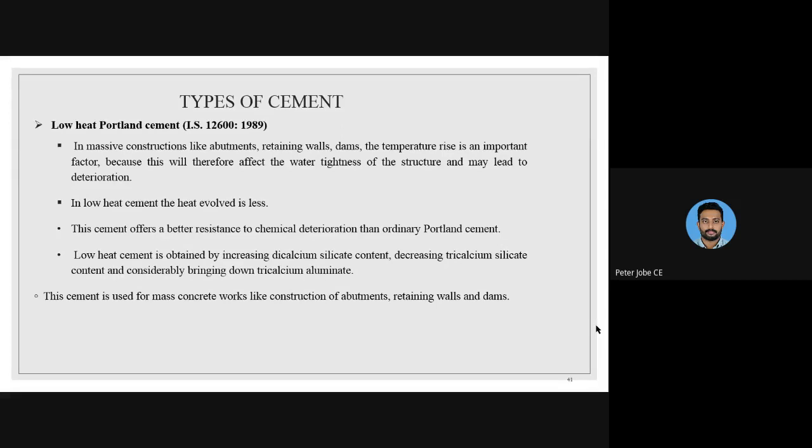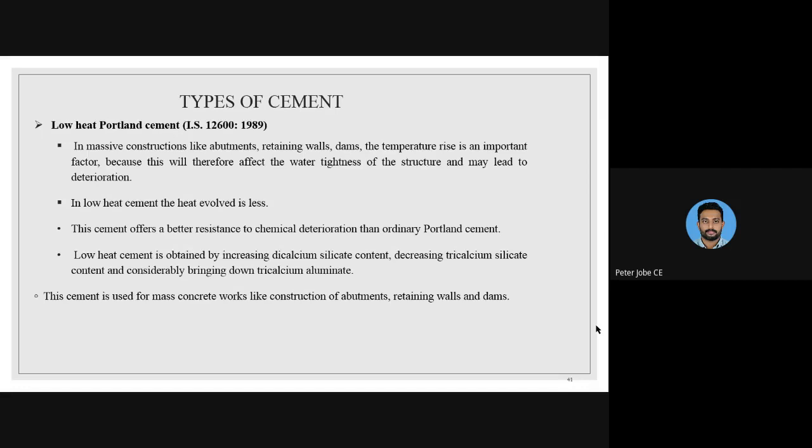but in some special occasions, where we see massive constructions like abutments, retaining walls, dams. Abutments means the supports that are given for bridges. You can see that big structure near the banks of a river where the bridges are supported. That's a massive construction where a lot of concrete is poured, and the same goes for retaining walls and dams.